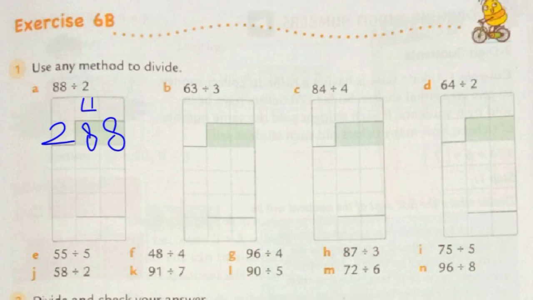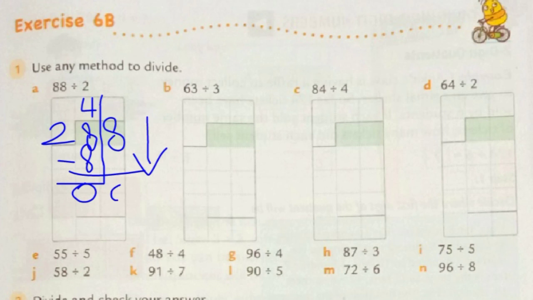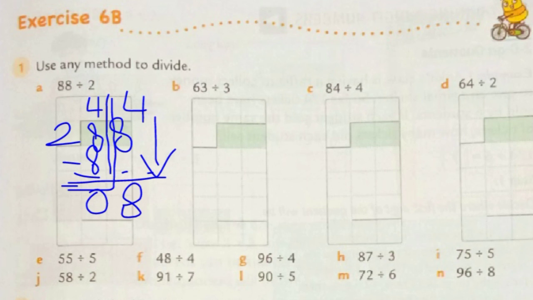So 2 4s are 8 and 8 minus 8 is 0. And as we finish our first division, the second number automatically comes down. Now we will subtract from this. So again 2 4s are 8 and it will be 0.